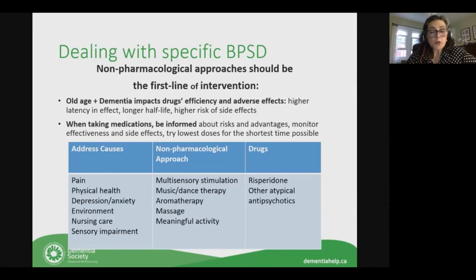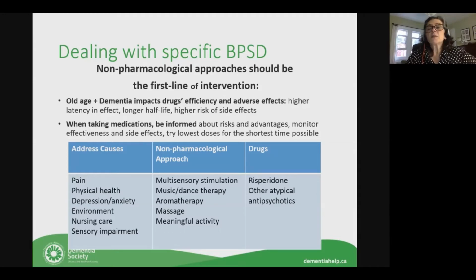We know that as people get older, and particularly in people with dementia, the impact of medication is very unpredictable, and there can be a lot of adverse side effects that actually create more of an issue in managing than the behavior itself.